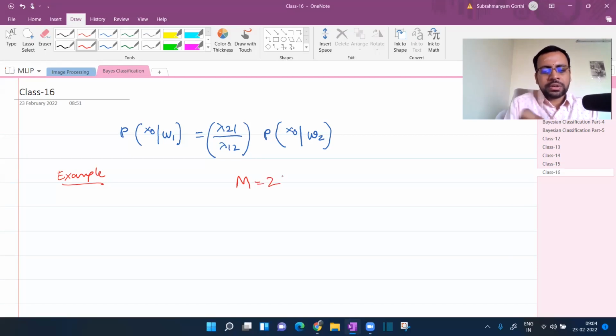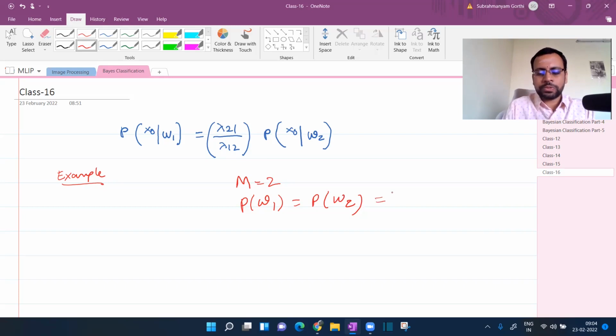There are two classes. Also consider the prior probabilities are equal. P of omega 1 equal to probability of omega 2. Then what should be that value? If they are equal, there are two classes. So what will be that value? Half. Half, correct.